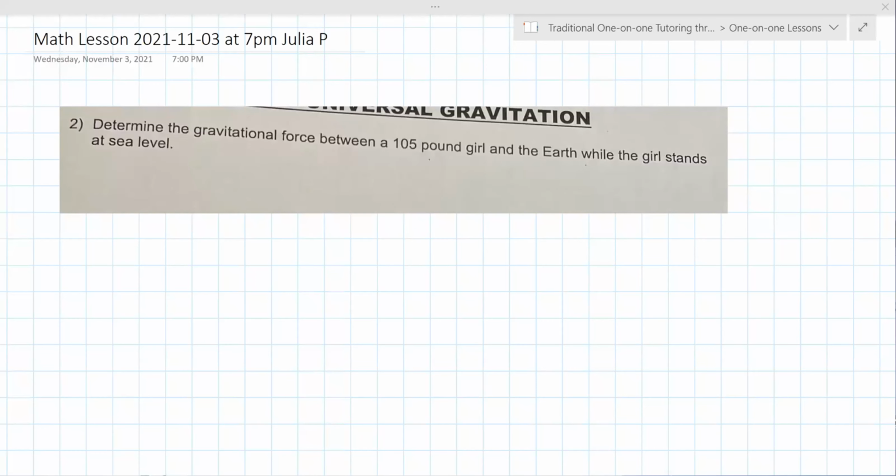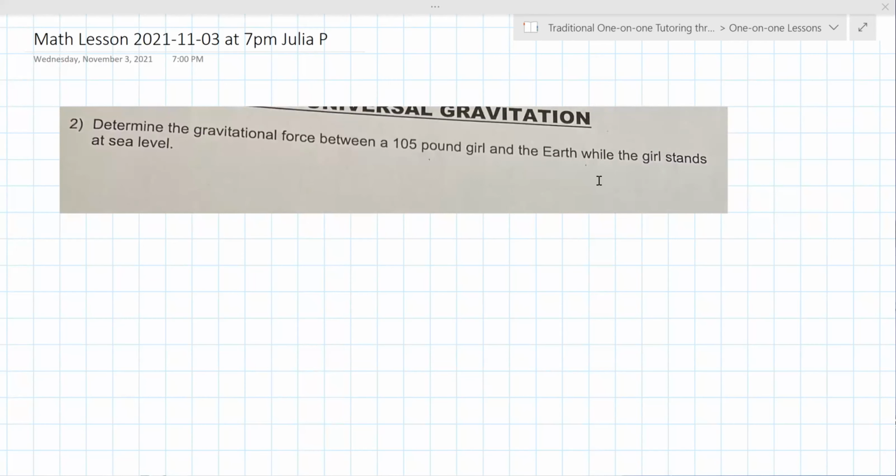So let's take a look at this and get started here. We'll share my screen. Okay, determine the gravitational force between a 105-pound girl and the Earth while the girl stands at sea level.